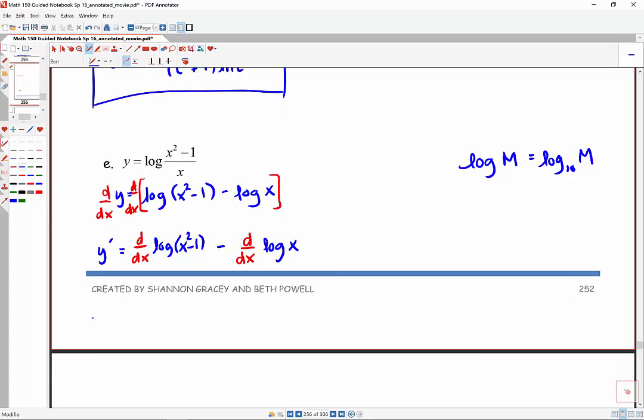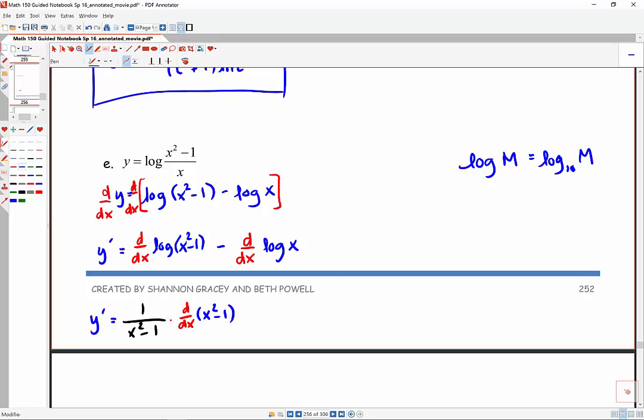So continuing, y prime will be, so what do we do first? Good. 1 over what's inside, which was x squared minus 1, and then times d/dx of what's inside the log.